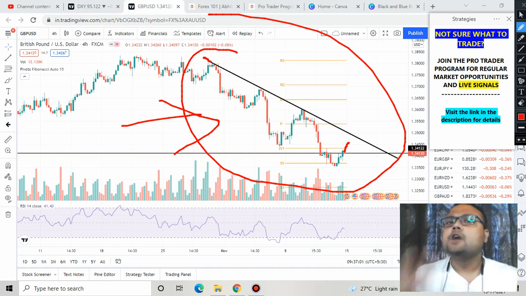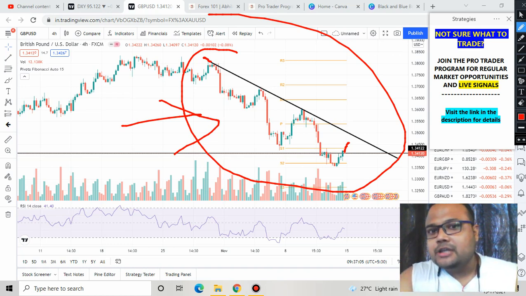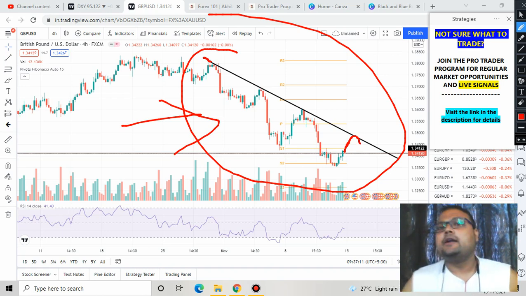In simple words, whenever the market is trying to go up, it is facing selling pressure at the trend line. So there is a possibility of the market reversing from the trend line, and if the market reverses from the trend line, we can take a sell position.